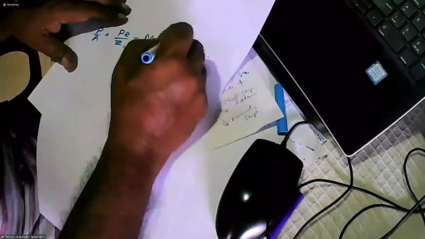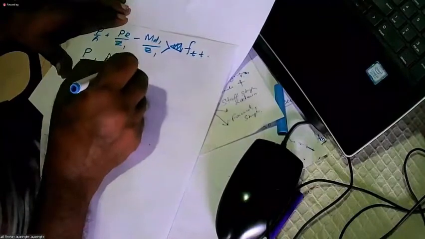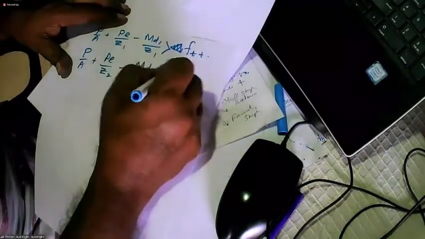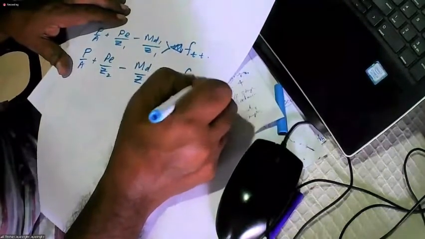And P over A plus P e over Z2 minus MD1 over Z2 should be less than compression at transfer. So those two equations will not vary. Why? This is the same situation as before.